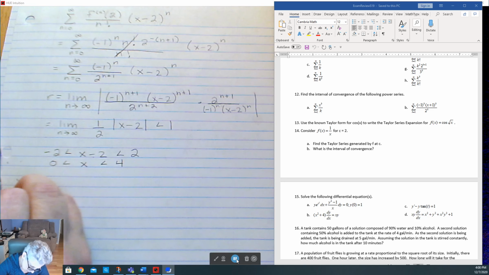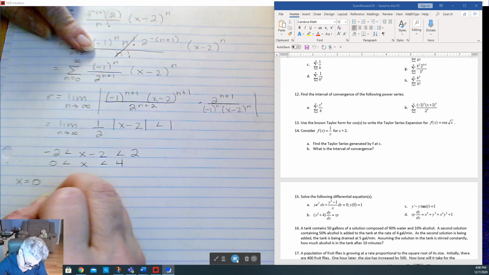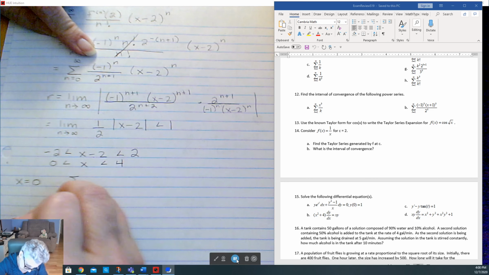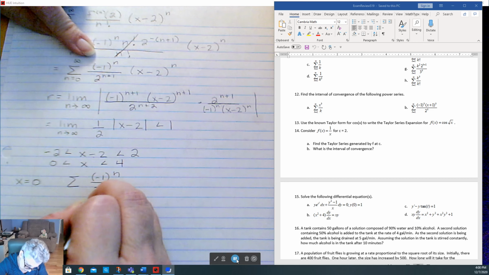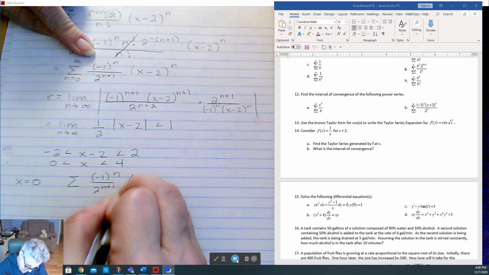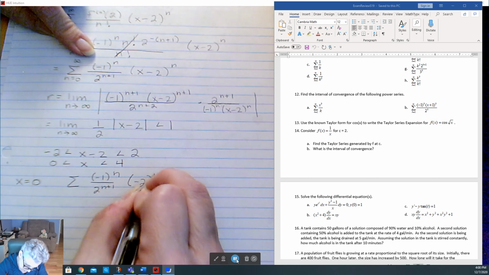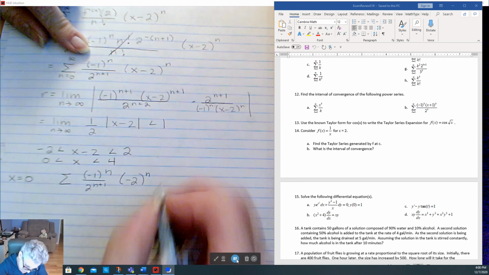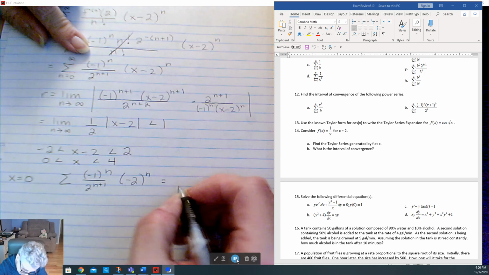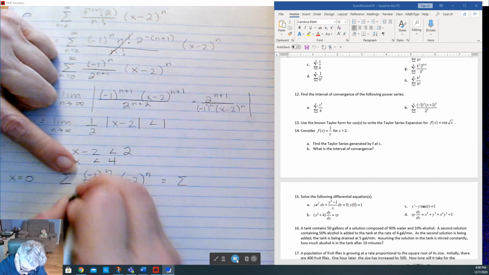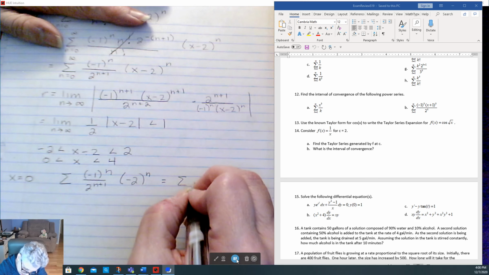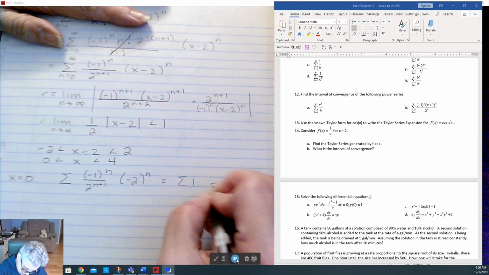So if x is equal to 0, I have the sum of (-1) to the n, over 2 to the n plus 1, times (-2) to the n, which gives me, that's just 1 over 2 because I have a negative times a negative, which diverges.